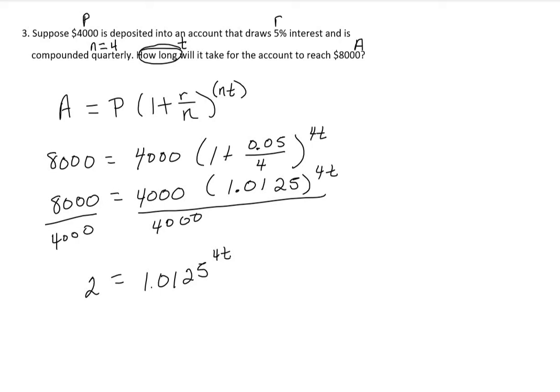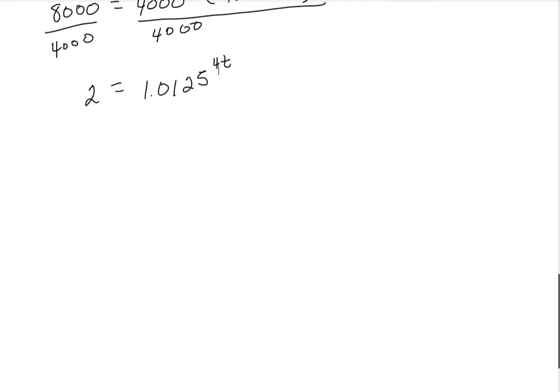Now, from here, you can do this a couple of different ways. Your book is going to tell you to take the log of both sides and solve the problem that way.